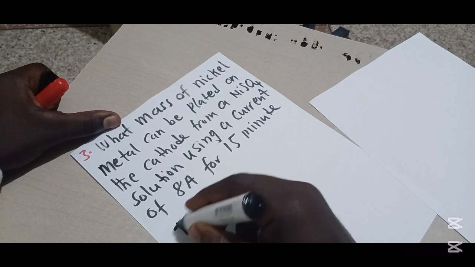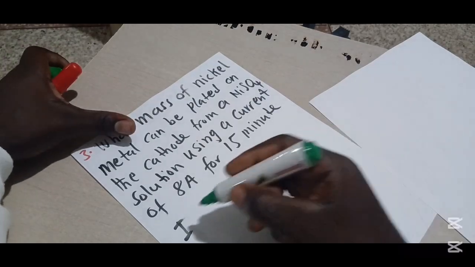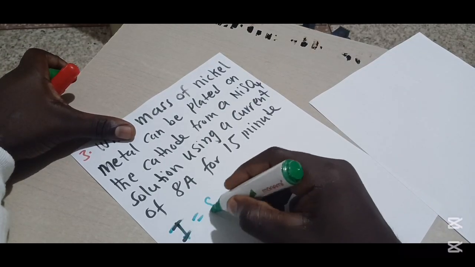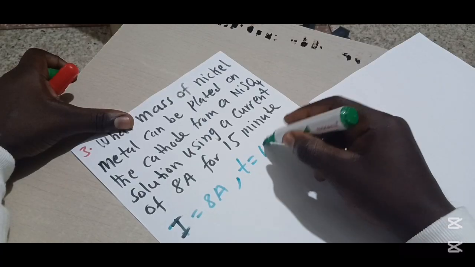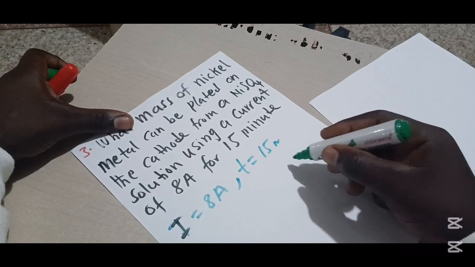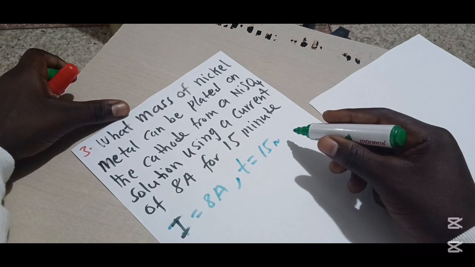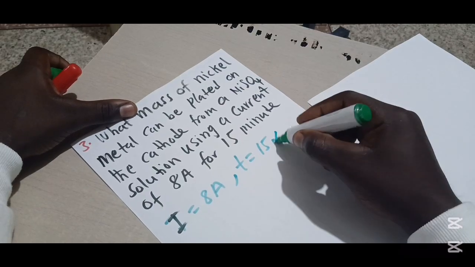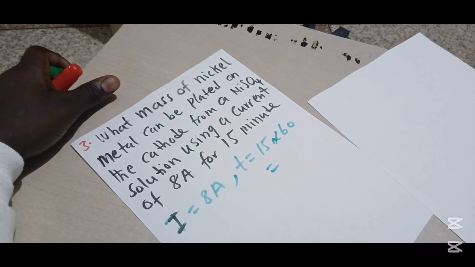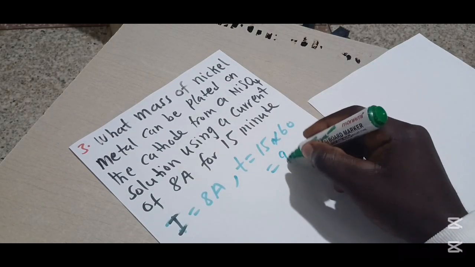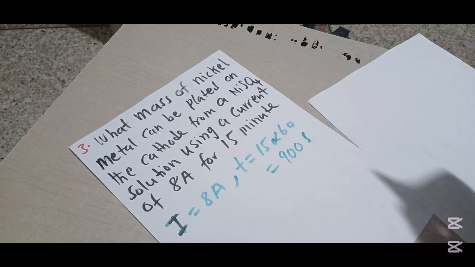We know our current is 8 ampere and our time is 15 minutes. We have to convert this to seconds, so we just multiply it by 60 seconds. And this is going to give us 900 seconds.